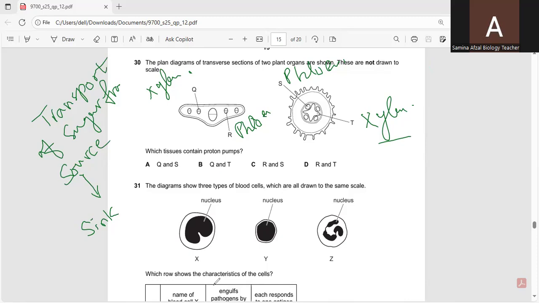This process is driven by a pressure flow mechanism which relies on the active loading of sucrose into the sieve tubes. This loading process involves proton pumps.